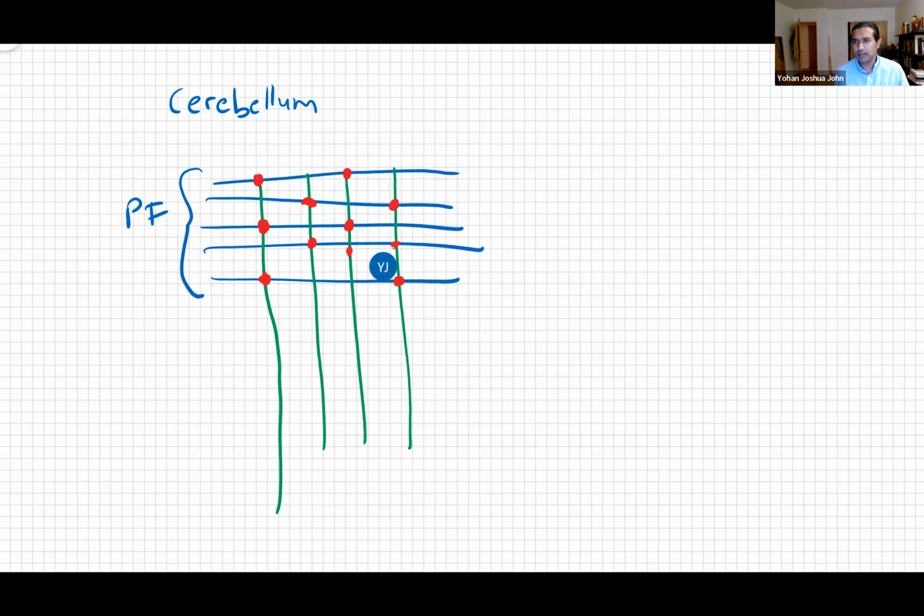And Marr and Albus and Ito all had more or less the same idea, based on the diagrams from that book, Eccles, Ito. The idea behind this is that you might have some pattern here, some vector, right? That's the activity coming in here. And you have some teaching signal, such as, what is it, the inferior olive, right?